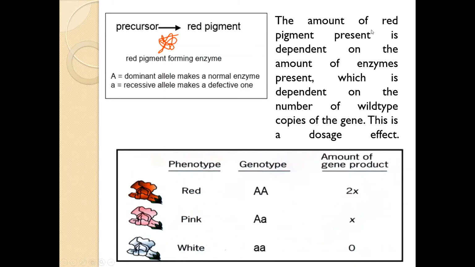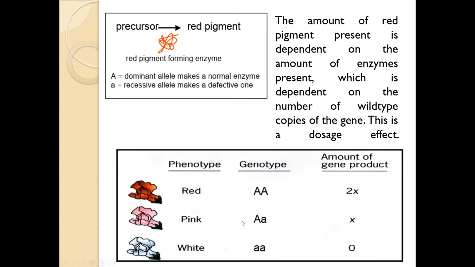So the amount of red pigment present depends on the amount of enzyme present, which depends on the number of wild type copies of the gene. That means if A is present in double number, it will produce double the gene product. That is why in AA, the homozygous dominant condition, the flower shows red color.